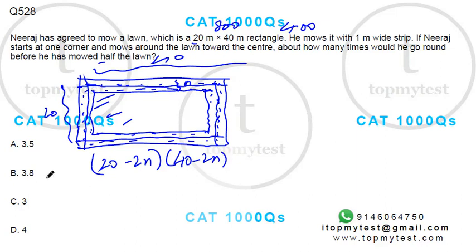You need to find the value of n. Let's rewrite this.